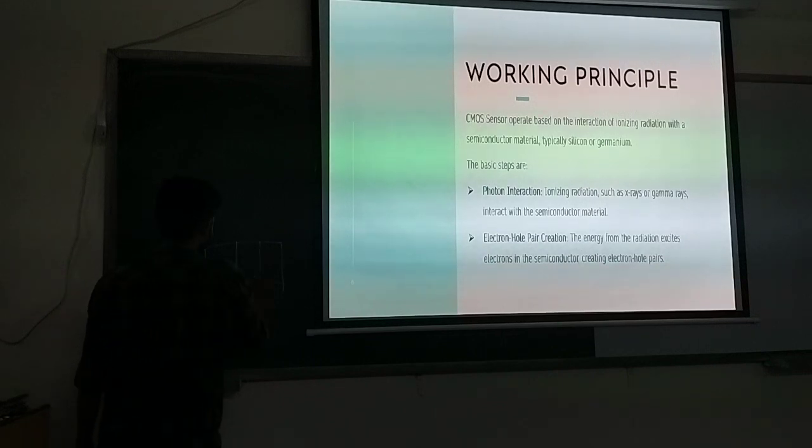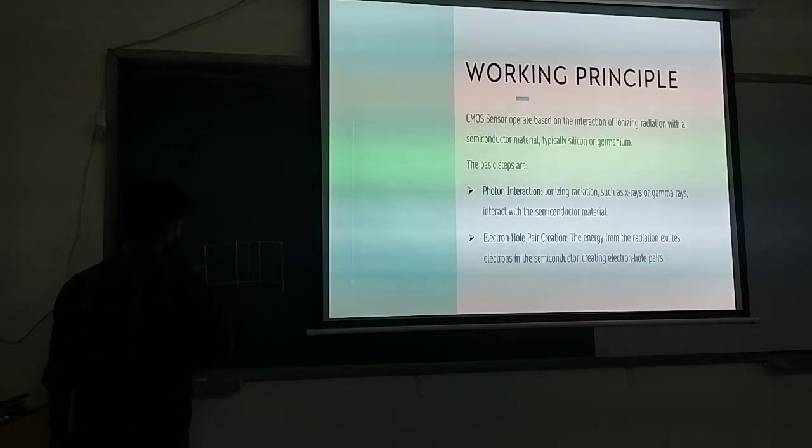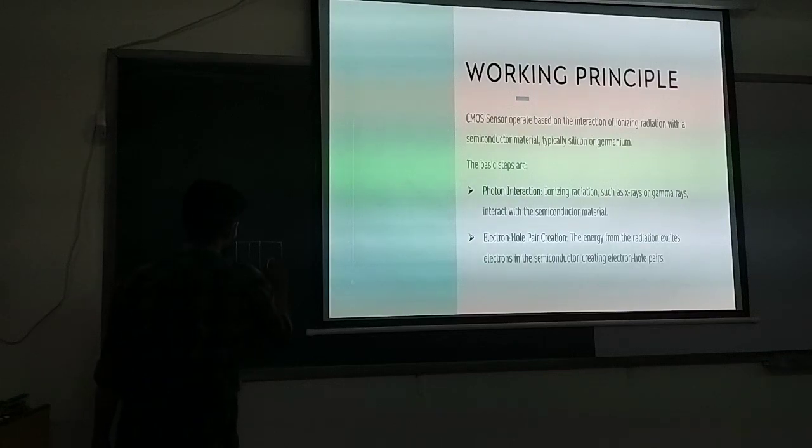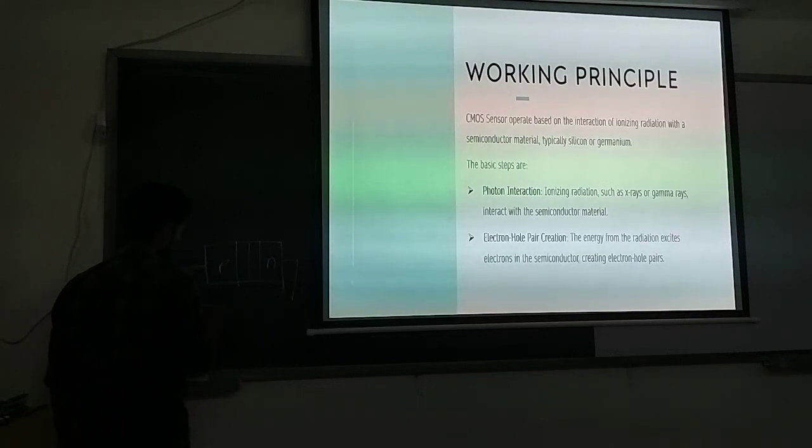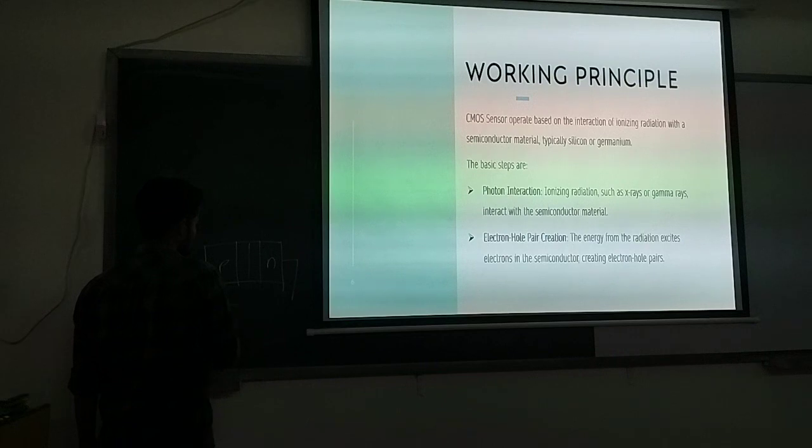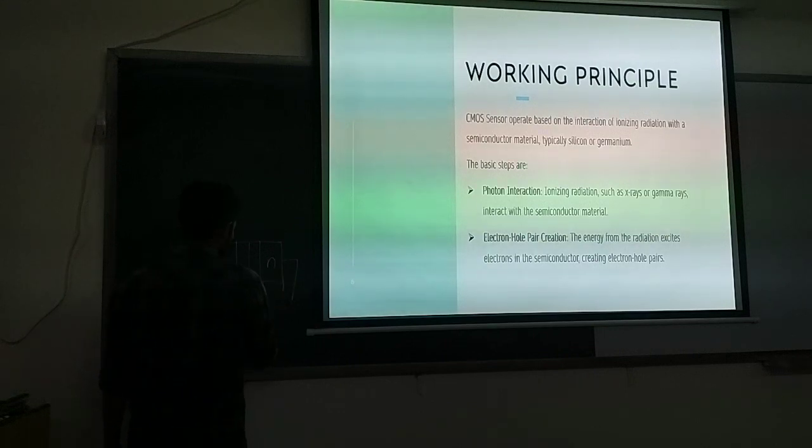This is the depletion region. This is the P side, this is the N side, and it is in reverse bias condition. So at the P terminal we connect the negative side, and at the N side we connect the positive terminal of the battery.